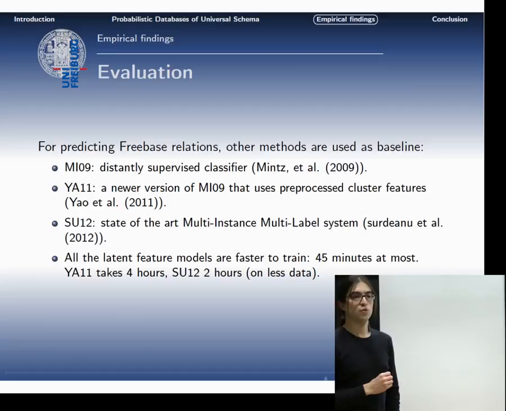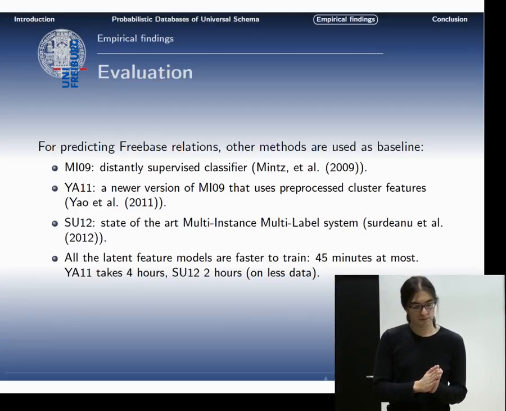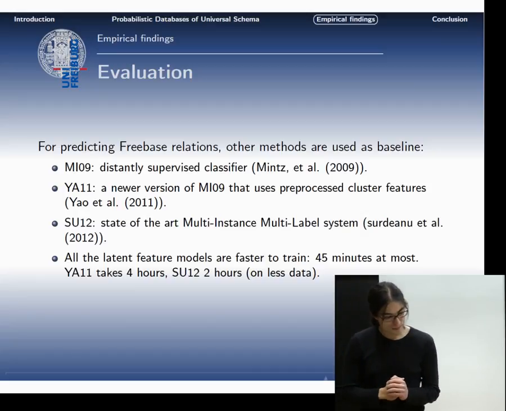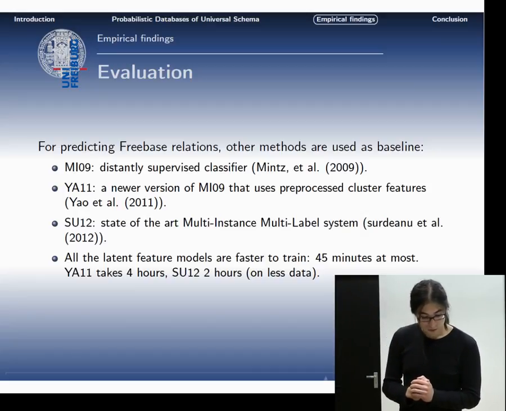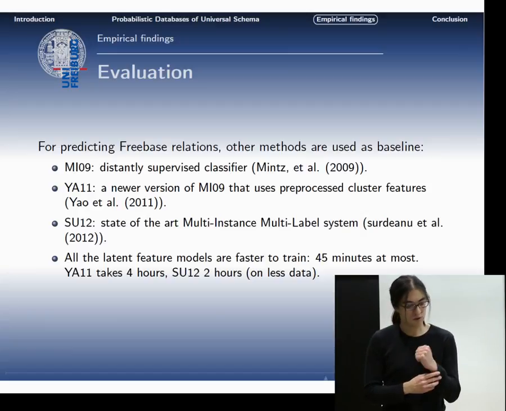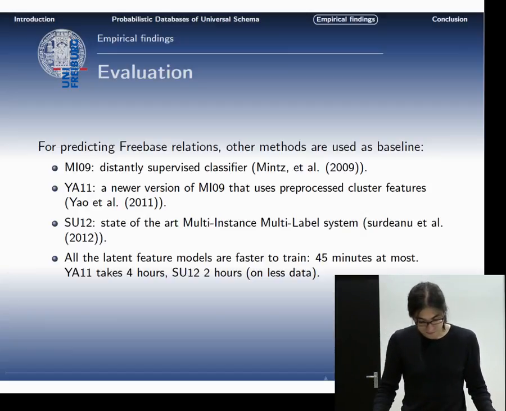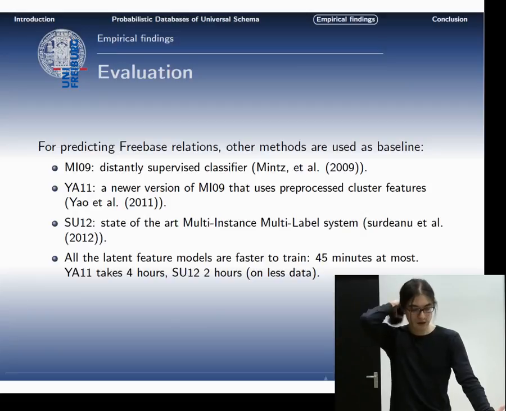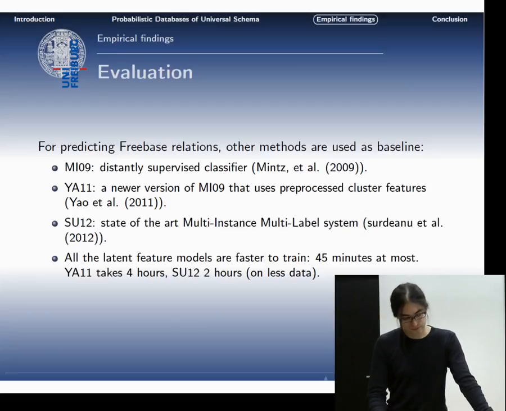The idea behind this is to allow it to discover some more general relations between data than the original distantly supervised classifier, and a state-of-the-art multi-instance, multi-label system, which is also a distantly supervised system. Now, the authors claim that this universal schema model is much faster to train. It takes 45 minutes at most, while the others take 4 or 2 hours, and less data for the second case.